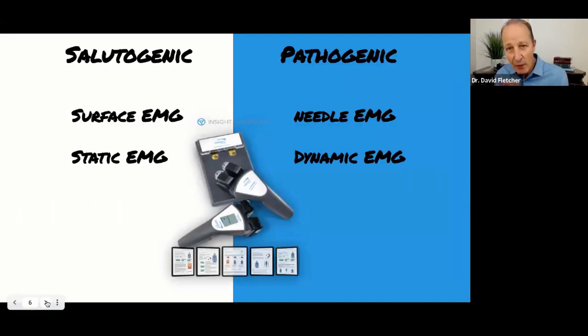So it's very important to understand that different iterations of EMGs are available. And what I've done here in this simple chart is separate our salutogenic, which means that we're looking at the promotion of health, versus a pathogenic model, which is the identification of disease states. And when we take a look at salutogenesis, we take a look at the ability to maintain energy.